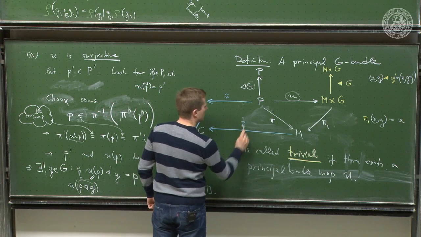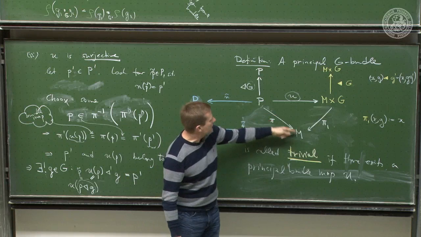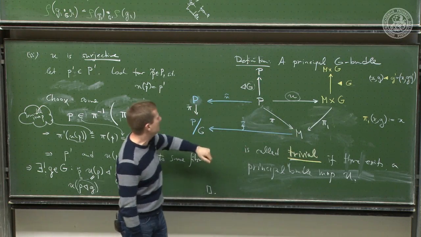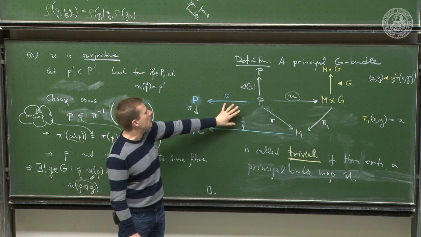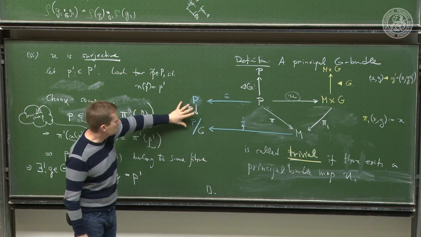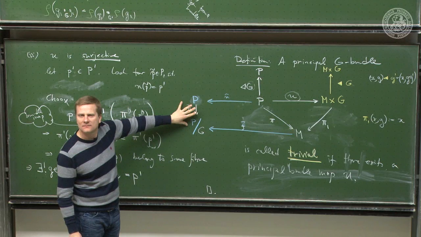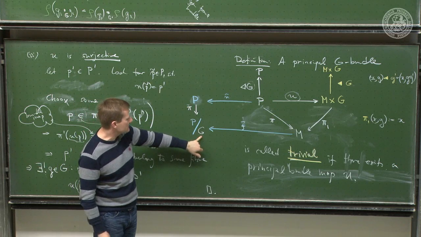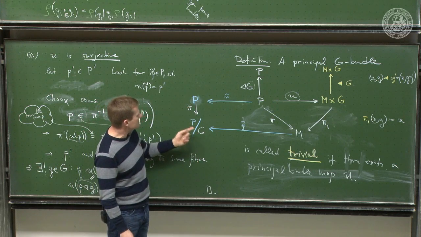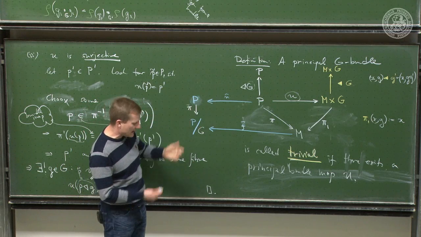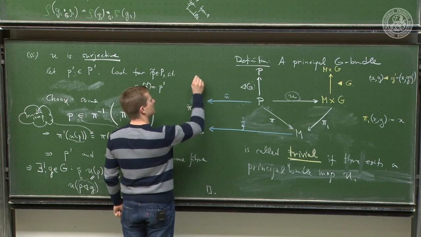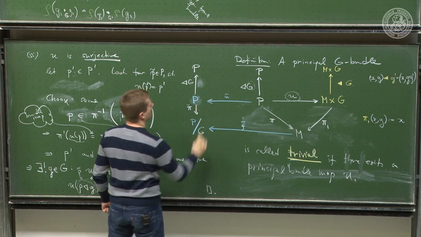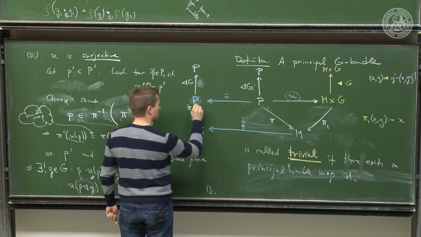We said this being a principal fiber bundle, that's the assumption, this white guy being a principal fiber bundle, was actually defined as there being a bundle map to this bundle. Remember that? There was a bundle map to this bundle where this appears down here. Now, because G acts by a free action on this, here sits the free action that we already have. Okay, so it should also be blue. They should all be blue.